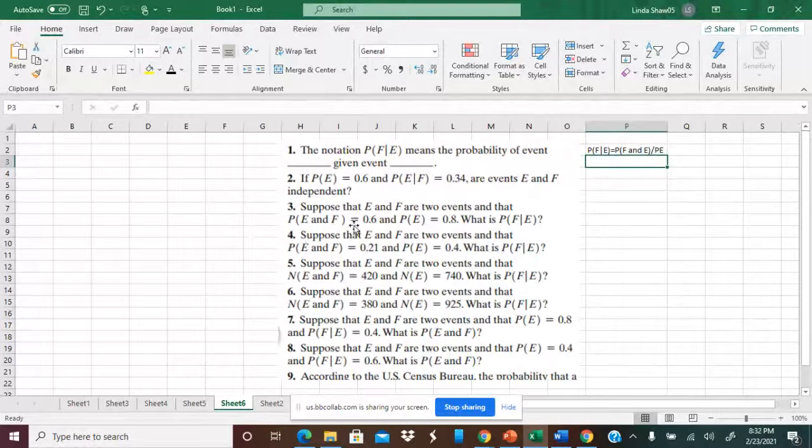So they're saying the probability of E is 0.6 and the probability of E given F is 0.34. They're asking if E and F are independent. We're going to do this in 2 steps.